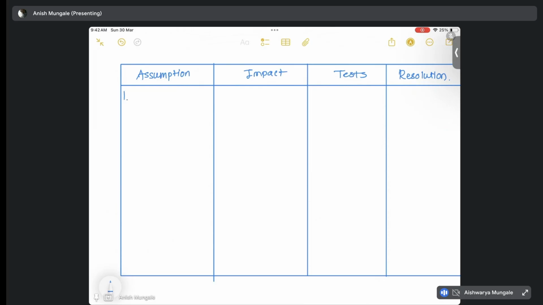So what was our first assumption? Our first assumption was all features should be independent of each other.